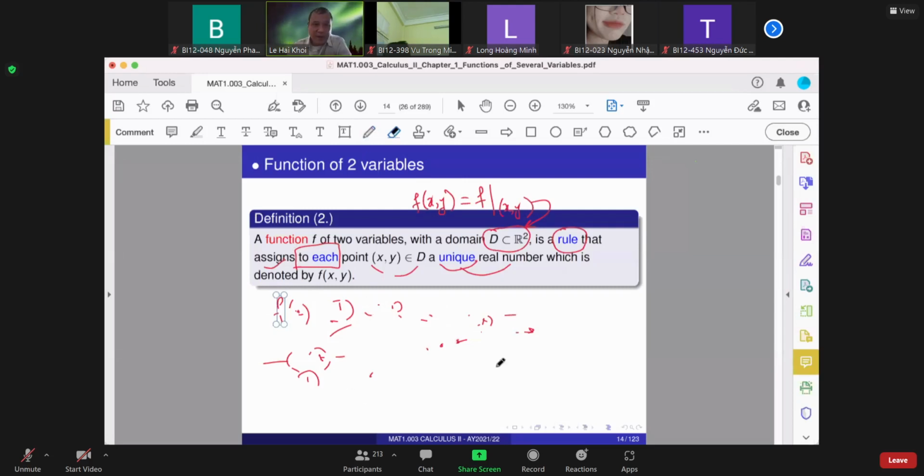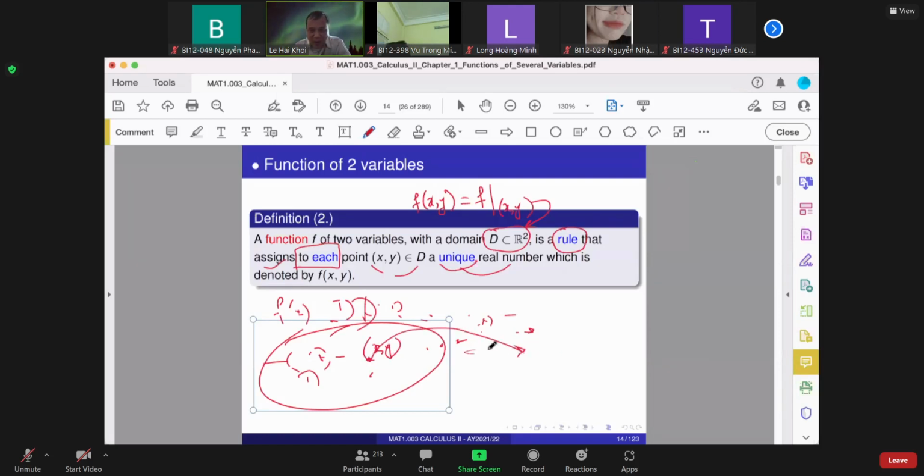We have any point on D, any point x, y on D in R2, to each x, y, you have a point f of x, y in R. This is destination. You cannot have this situation.